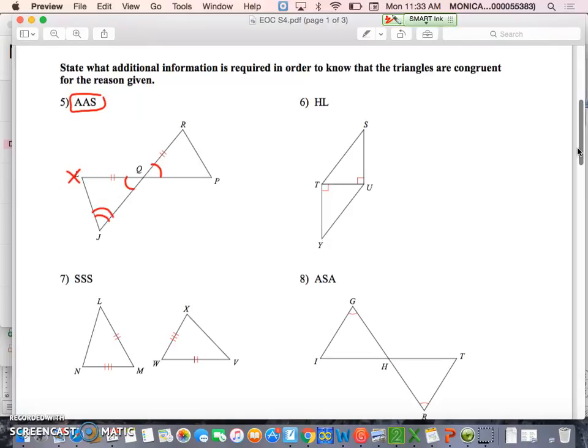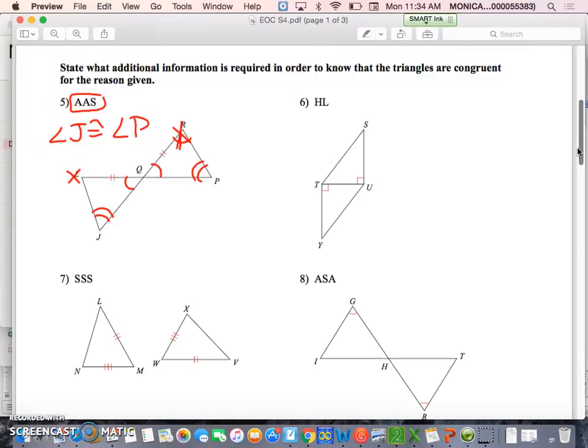So this is the side I'm going to need, and this is not this one again, because that would be angle, side, angle. I want this one here, because then I'll have angle, angle, and a side. So I need to know that angle J is congruent to angle P. So go ahead and change that on your paper, if it already hasn't been done so.